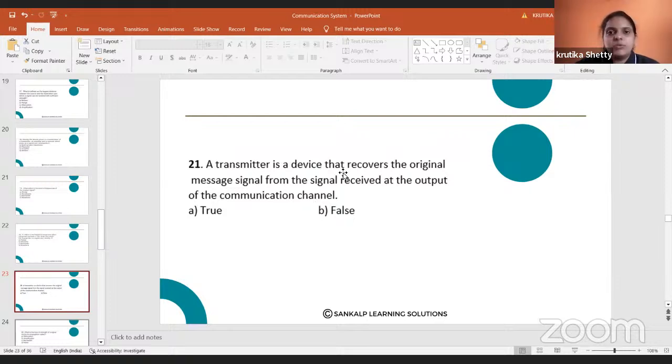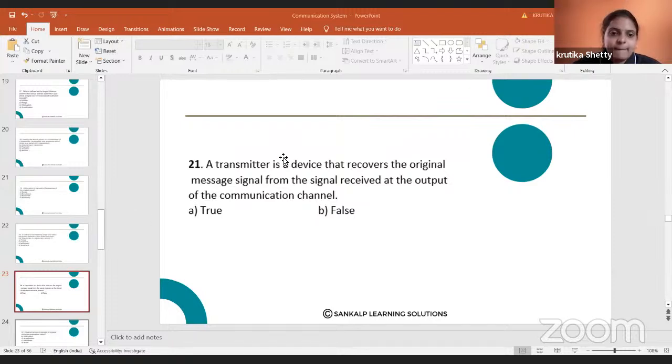Whether it is true or false. We just discussed what is a transmitter and what is a transducer. Baseband, we don't have only baseband here. Yes, it is false. So it is the work of a transducer. The transducer's work is to recover the original signals. So it is false.